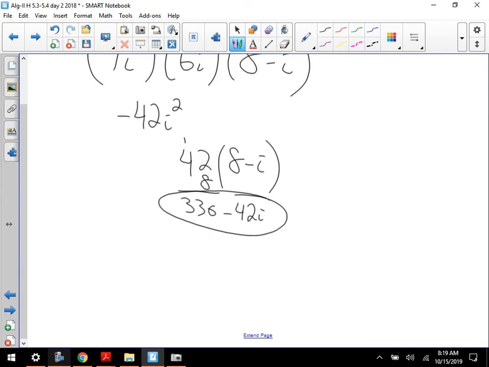I have to distribute in, so 42 times 8, I just wrote it differently so I can multiply it easier. Okay. That helps. Anytime you have those, break them in small parts.